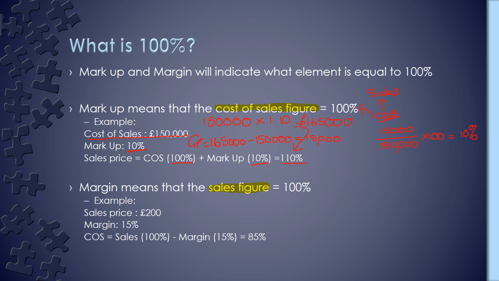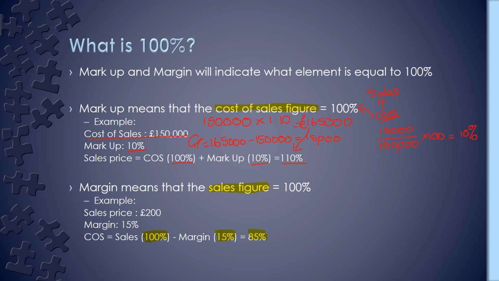So our cost of sales is going to be the sales figure, which is 100%, less the margin on it, which in my little example here is 15%. So the cost of sales value is 85%. So we can work out from the sales value and the margin how much the cost of sales is.